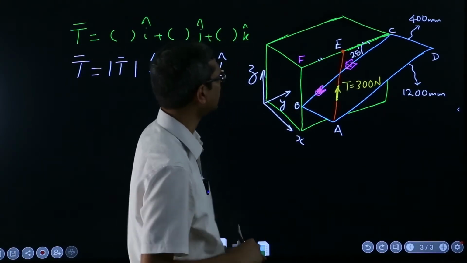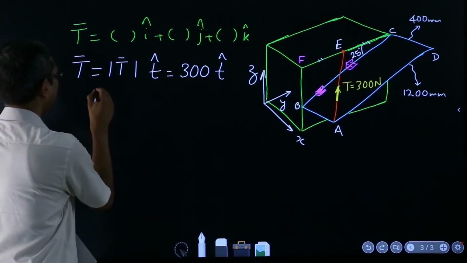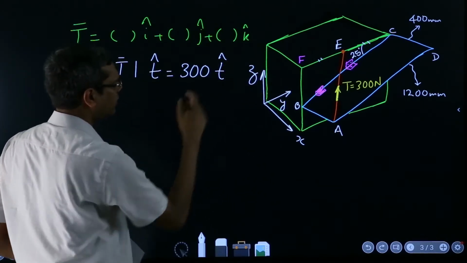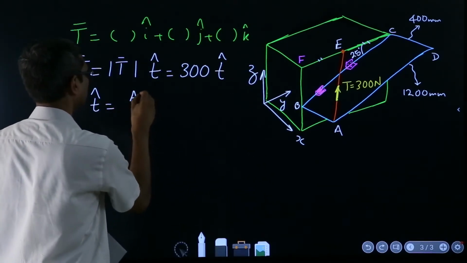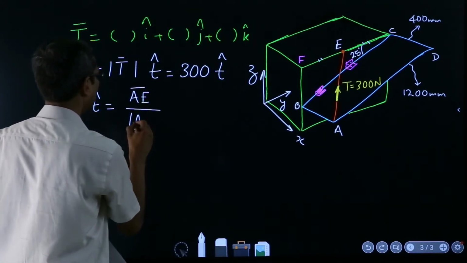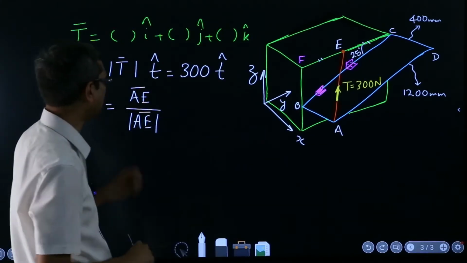So the only thing now we have to do is to find out this T hat. Now T hat will be represented as the geometric arrow. If I say AE is the arrow, divided by the length of AE, so that's how we will calculate.